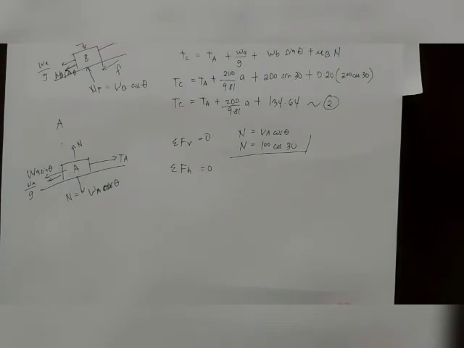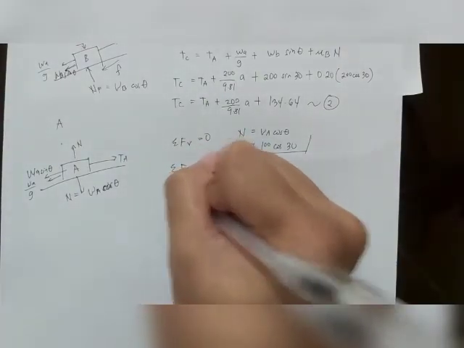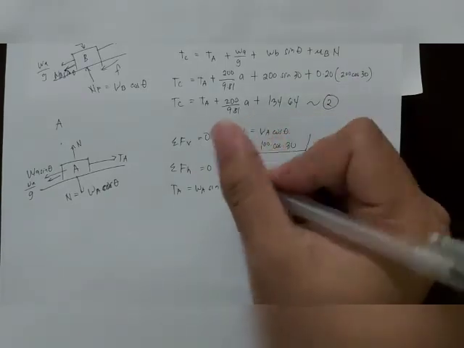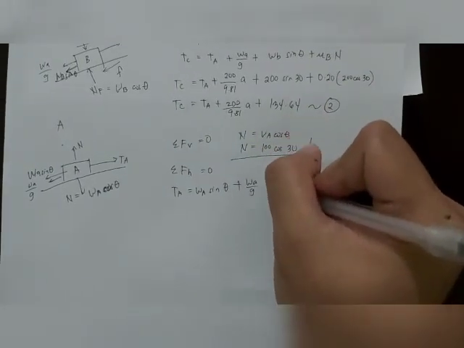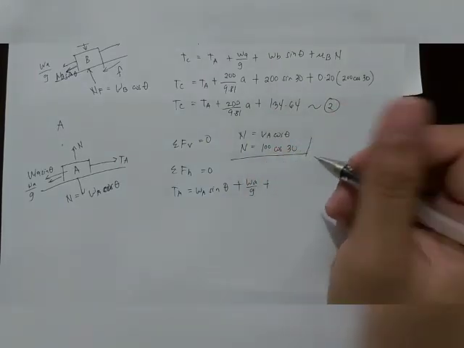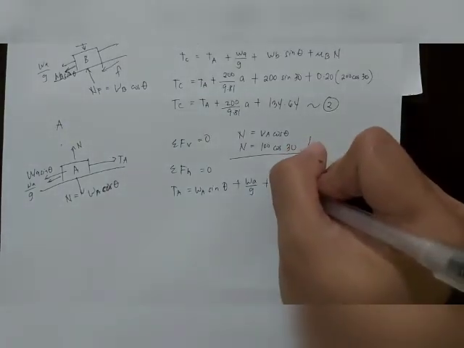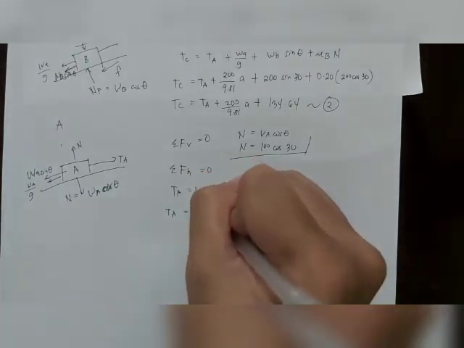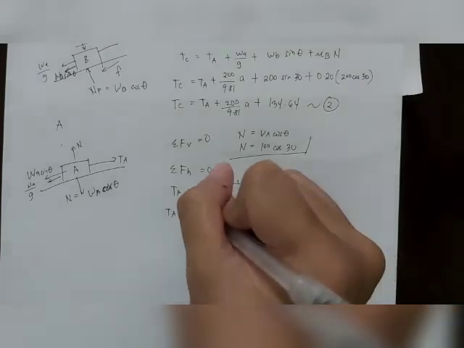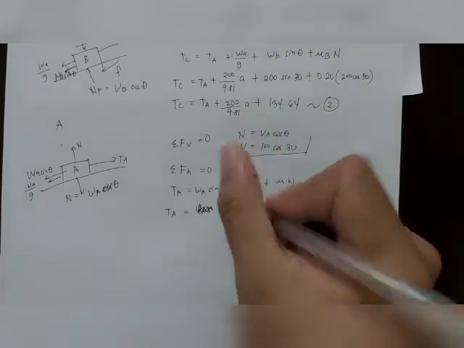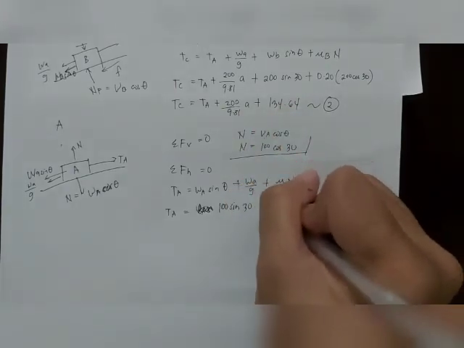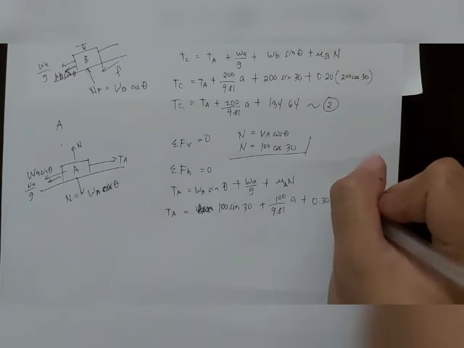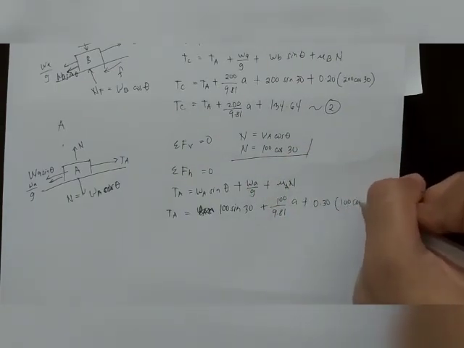So we have T_A is equal to W sub A sine theta plus W_A over g times a plus our F, which is mu times N. So substituting the values, sine 30 plus 100 all over 9.81 times the acceleration plus mu_A is 0.30 times N, which is 100 cosine 30.